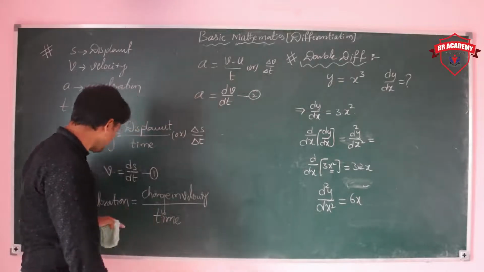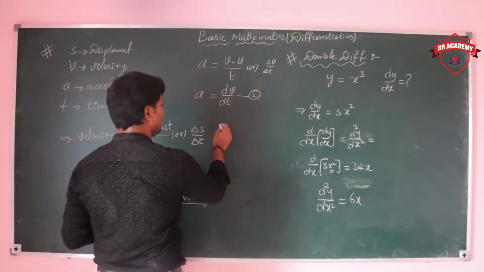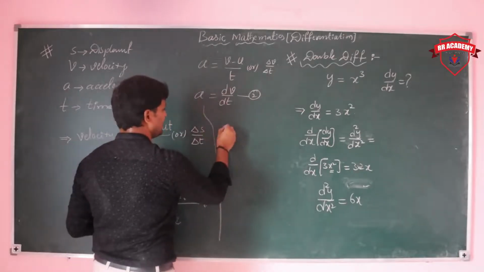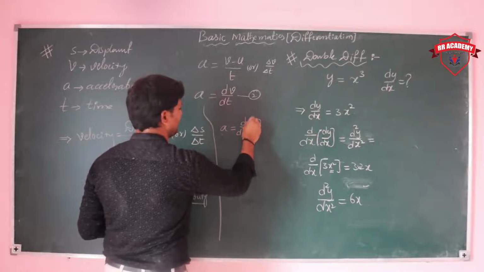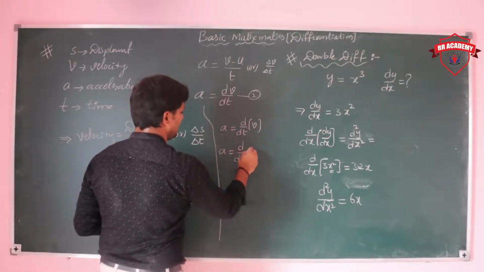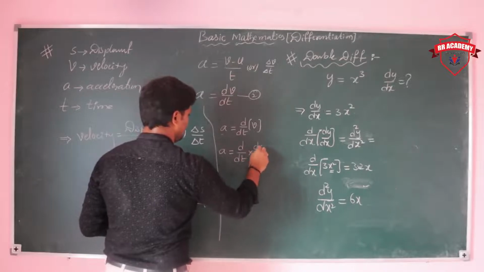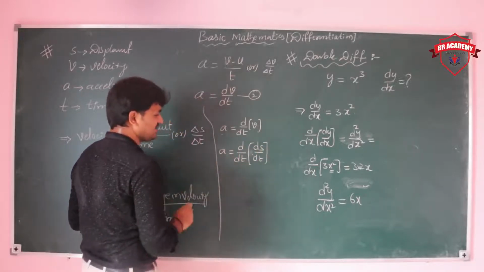How? Generally, you know that acceleration a is equal to dv by dt, which means a is equal to d by dt of v. What is the value of v? The value of v is ds by dt.